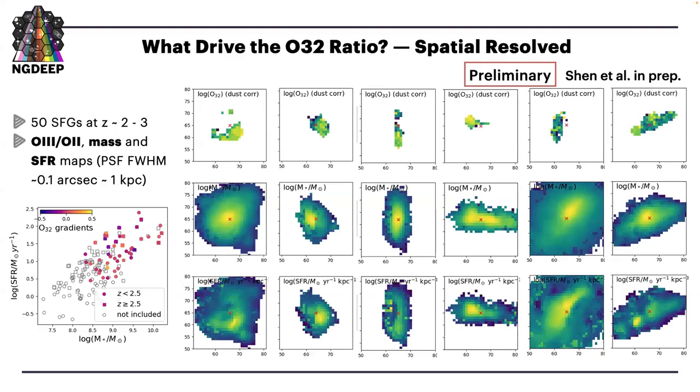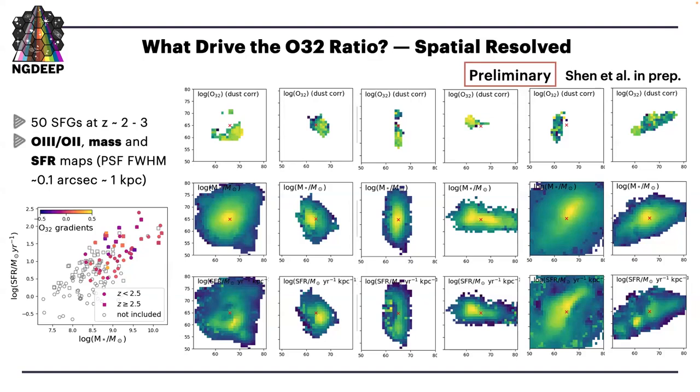For the next part, thanks to the data we have, we can do a spatially resolved analysis. We could study the spatially resolved star formation and O32 ratio, and the correlation between them. We selected 15 star-forming galaxies out of almost 150 galaxies, because of the PSF of the NIRCam, we need resolved galaxies.